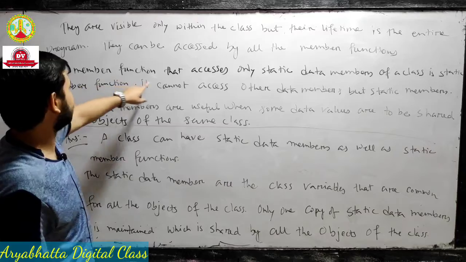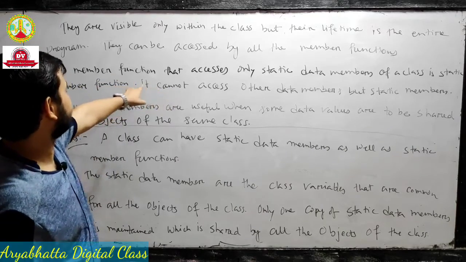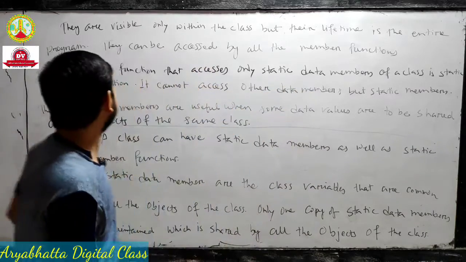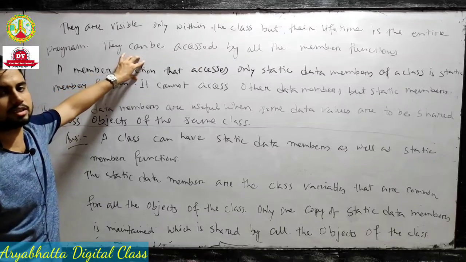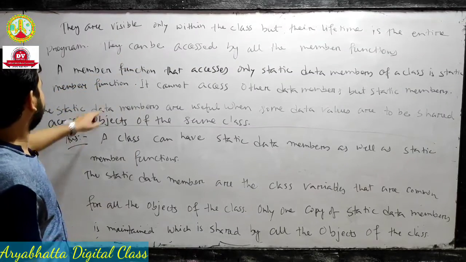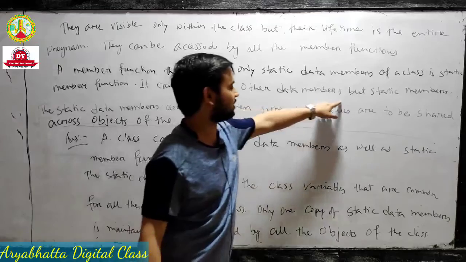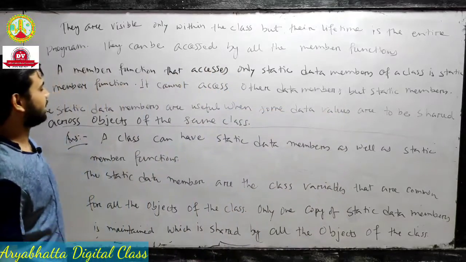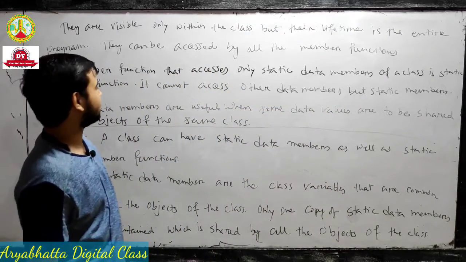Okay, and this is the member function definition. A static member function accesses only static data members, and it cannot access other data members but static members.